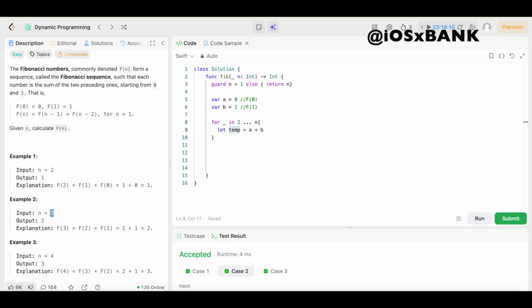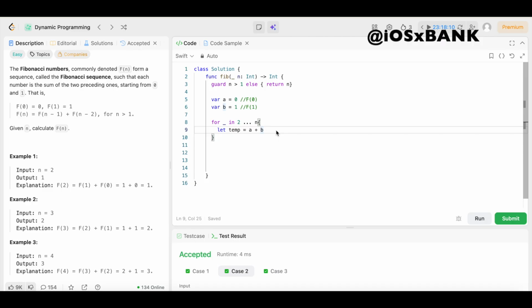The Fibonacci index 3 is going to be equal to the Fibonacci index 2 plus the Fibonacci index 1. It's not just the numbers 1 and 2, it's the Fibonacci numbers that we're adding together. So that's why we need to store the previous Fibonacci numbers, so that we will be able to add them together, and we won't just be adding 1 plus 2 when n equals 3.